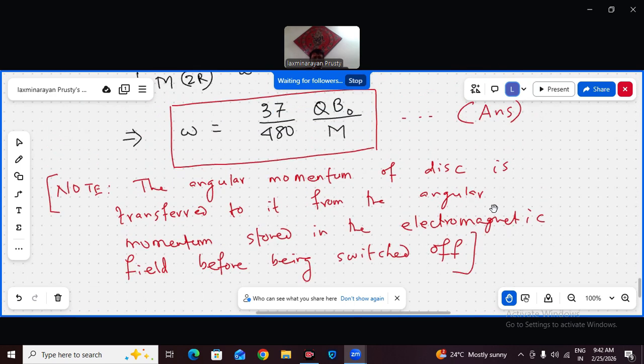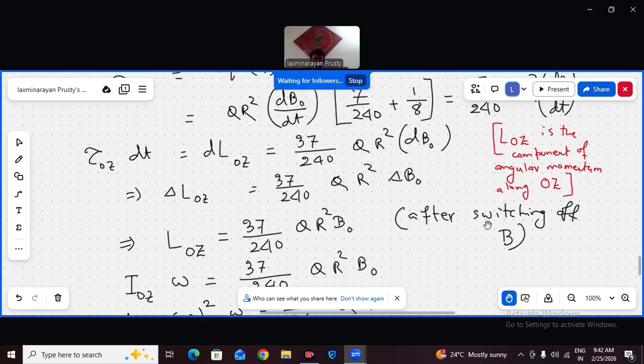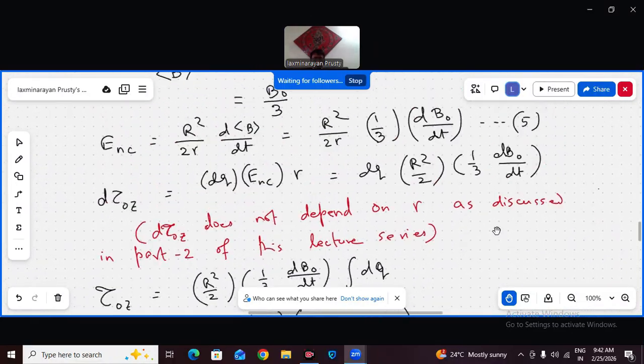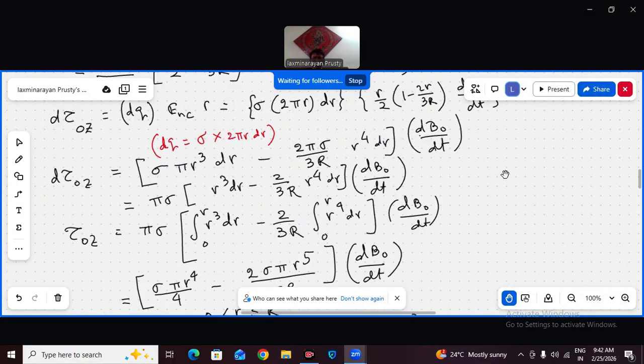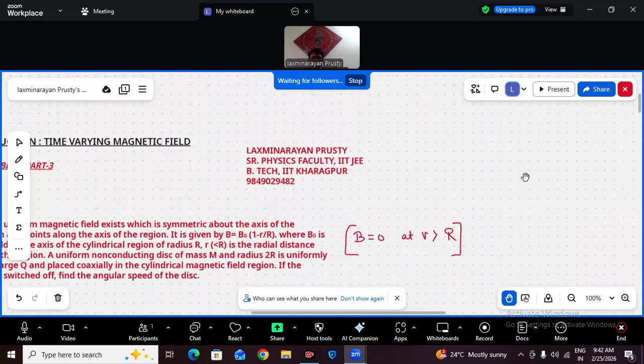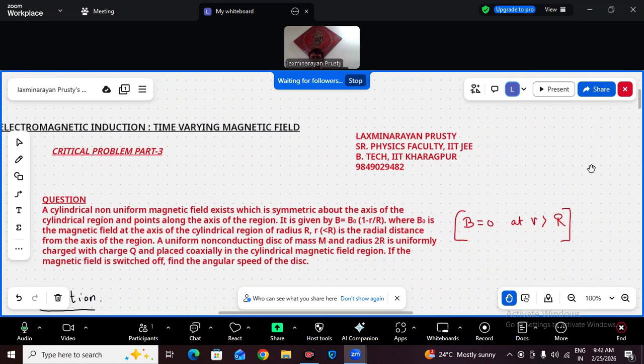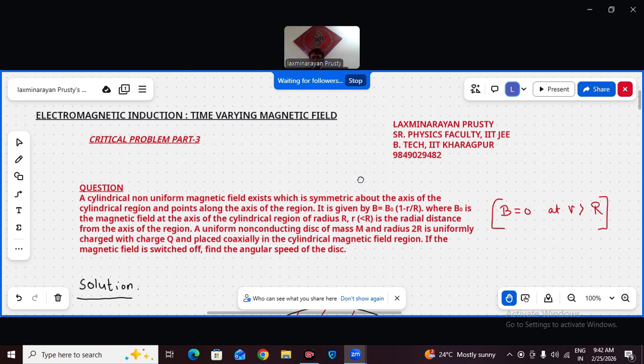Okay, so I think you are clear now about this question. As I told you in the beginning, this is our critical problem part 3. I'm sure, since obviously these are not discussed in your books or anywhere, you now will have a clear-cut idea on this time varying magnetic field.